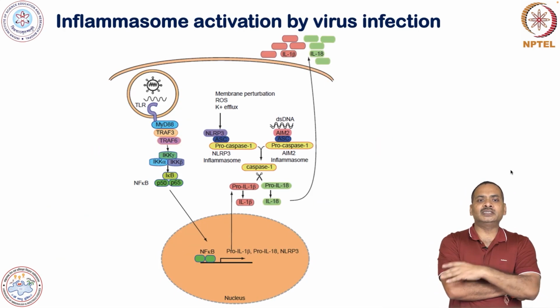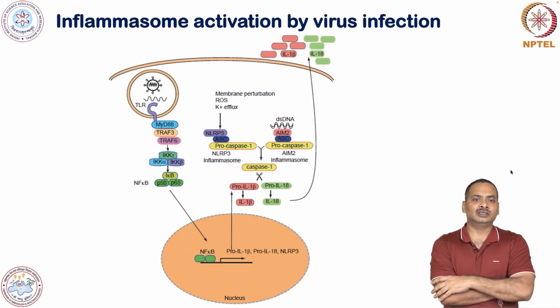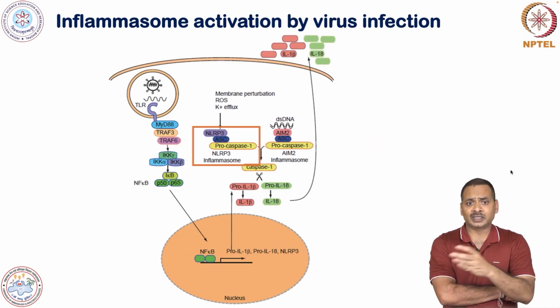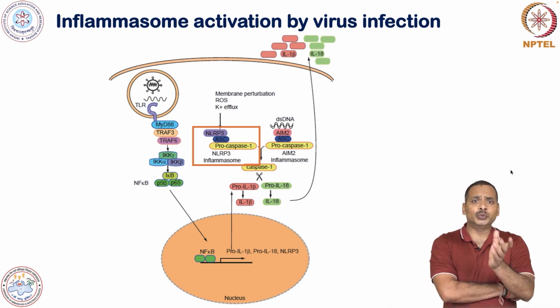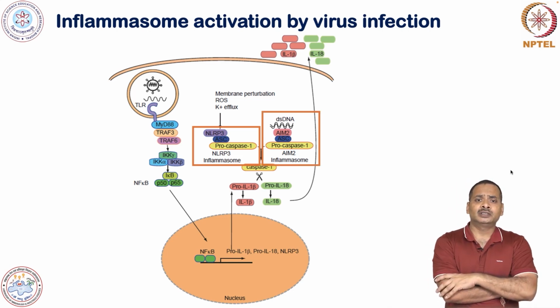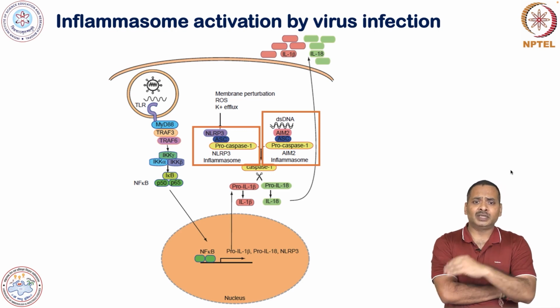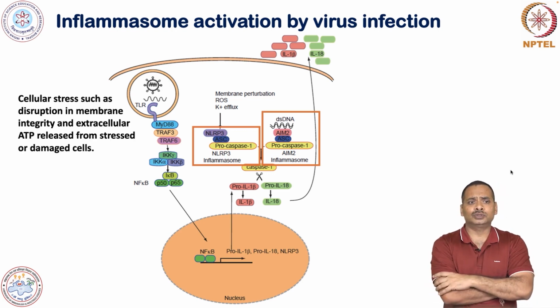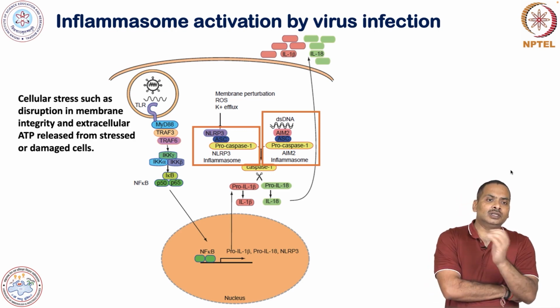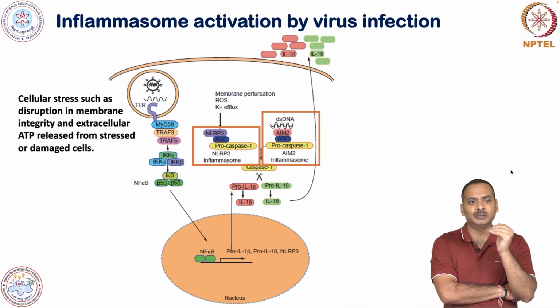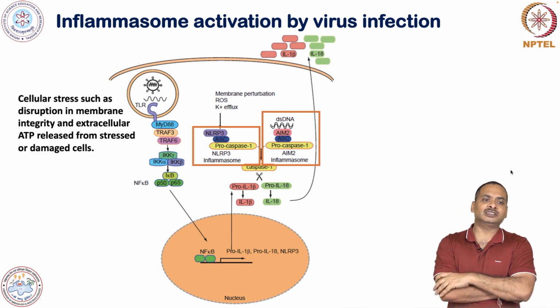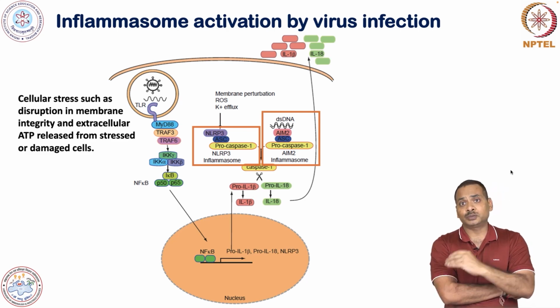Here you can see that there are various kinds of inflammasome. There is the NLRP3 inflammasome, which can be activated by various PAMPs, and there is the AIM2 inflammasome. It is also activated by cellular stress, such as disruption of membrane integrity and extracellular ATP release from a stressed cell.